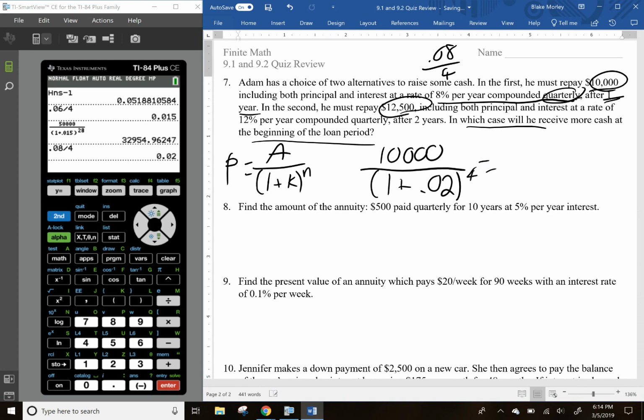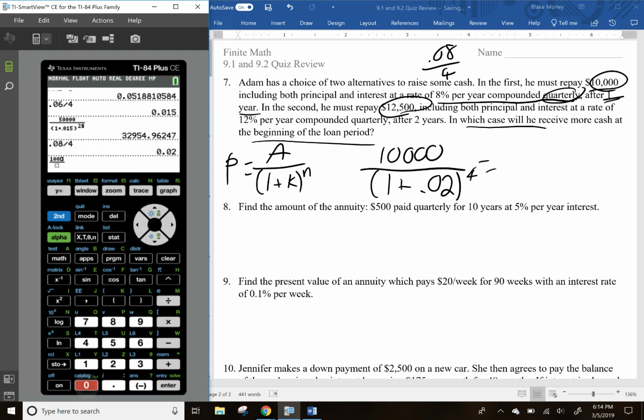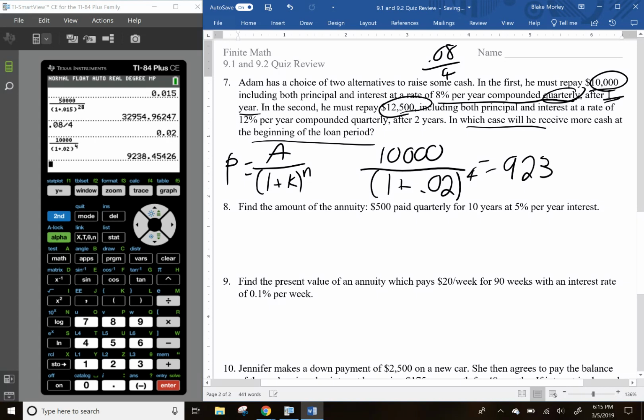If we type it in, that comes to $9,238.45.